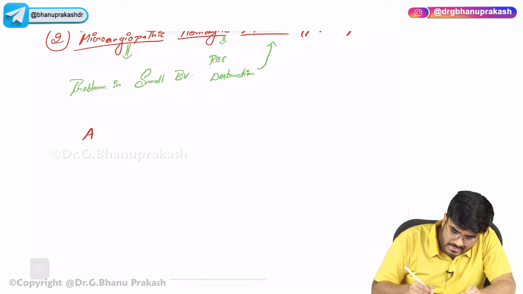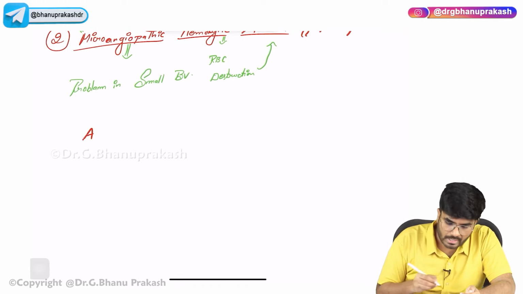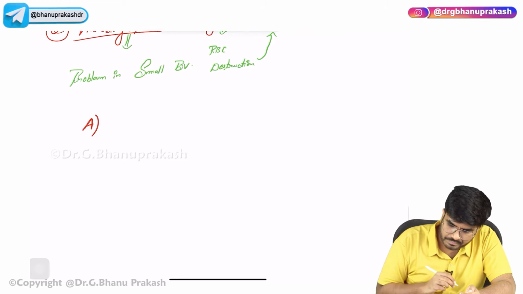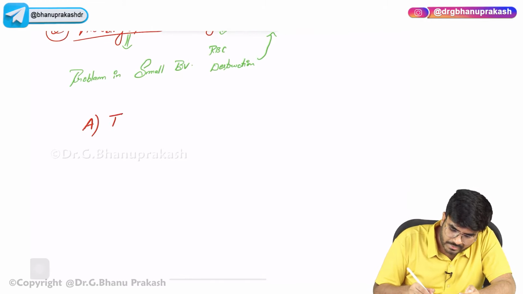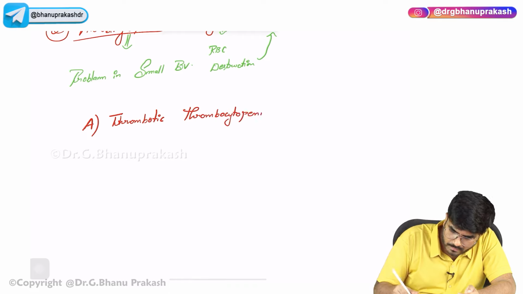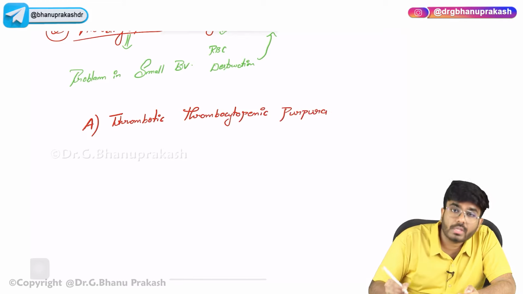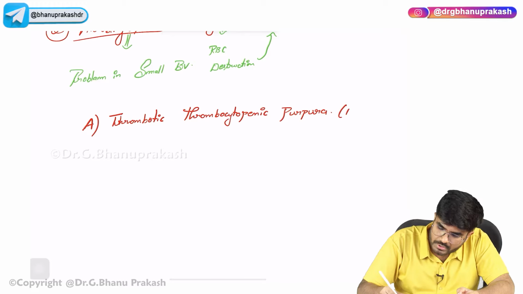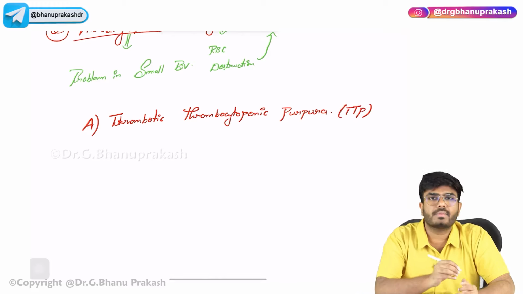The two causes of microangiopathic hemolytic anemia are: the first cause is TTP, thrombotic thrombocytopenic purpura. Okay, thrombotic thrombocytopenic purpura, which is also called TTP.